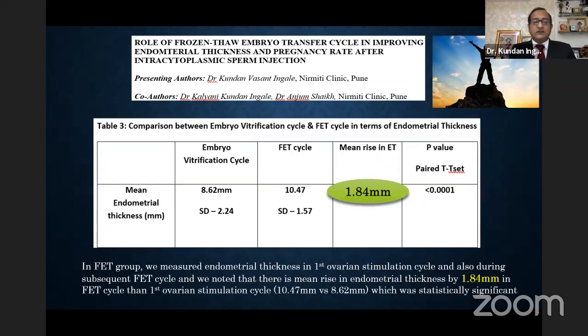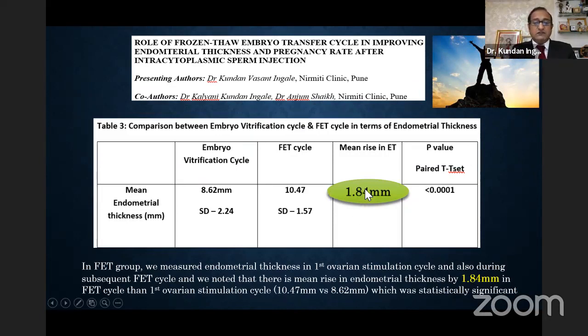Also, the second objective was to find the endometrial thickness in the first cycle, where the ovarian stimulation was done for embryo vitrification, and how much endometrium was achieved during the endometrial preparation cycle. We found a difference of 1.84 millimeter, and we know that each increase in endometrial thickness by 1 millimeter probably gives us a live birth rate of more than 60%.